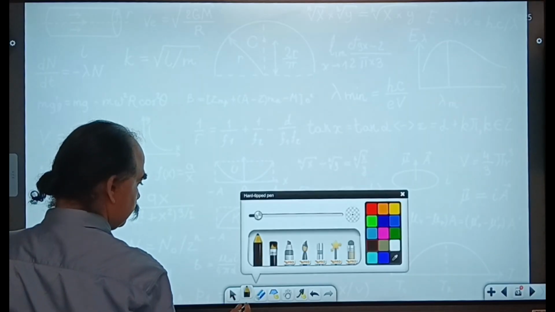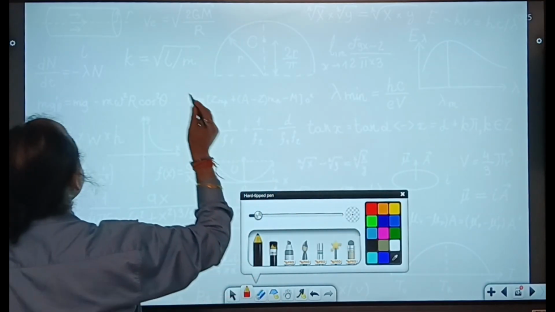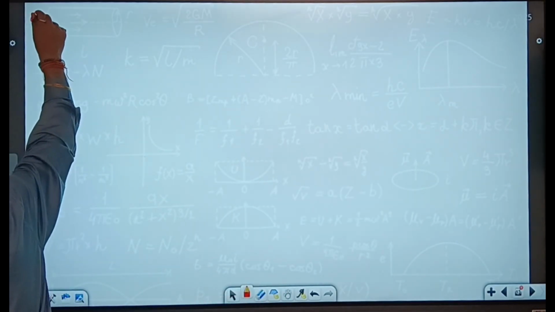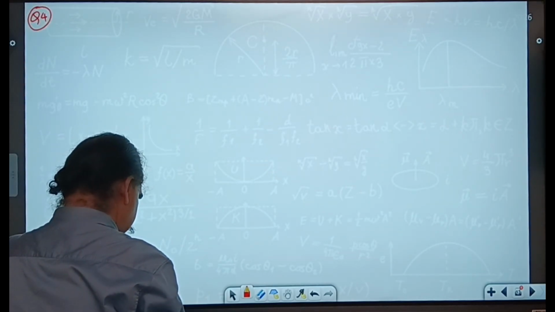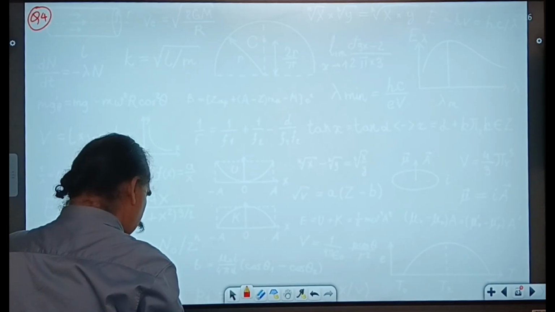Question number 4. The curve passes through the point 0, 2.